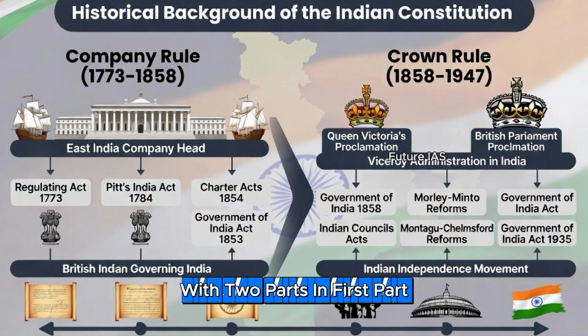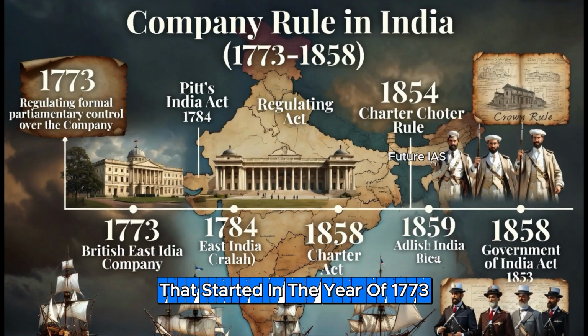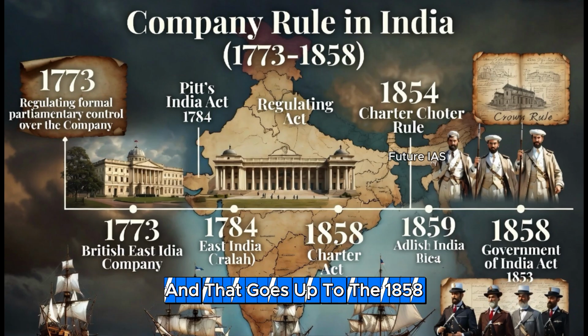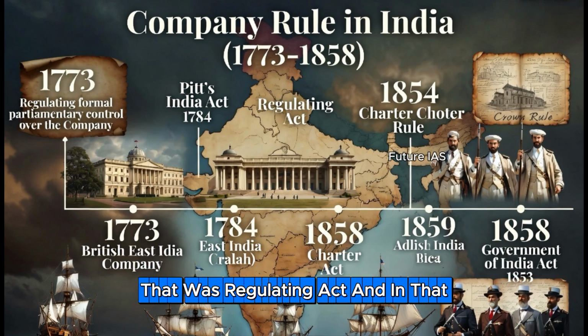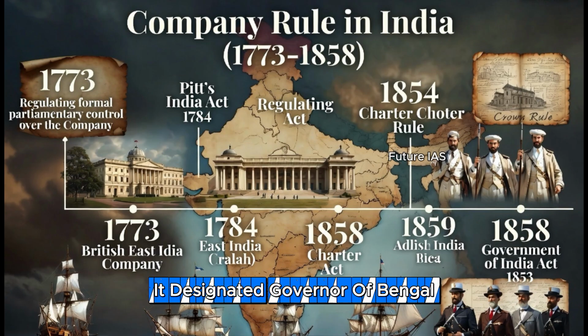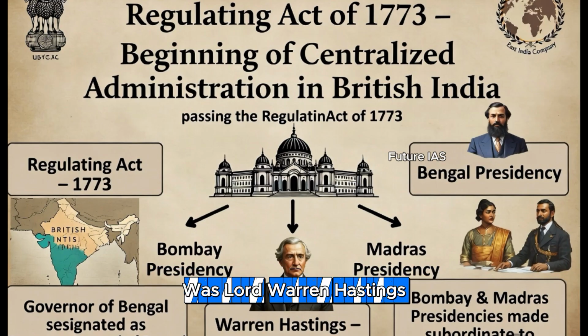In the first part, that is today, we are going to understand the company rule that started in the year 1773 and goes up to 1858. The first act that came in 1773 was the Regulating Act, and in that it designated the Governor of Bengal as the Governor General of Bengal, and the first Governor General of Bengal was Lord Warren Hastings.